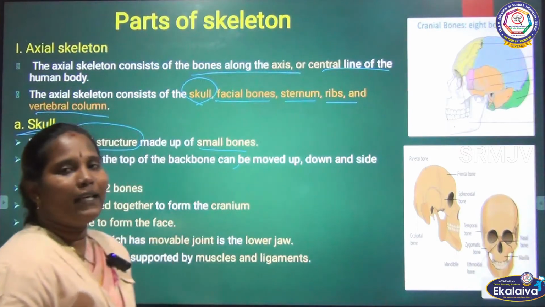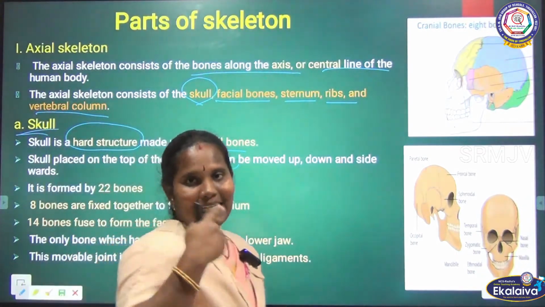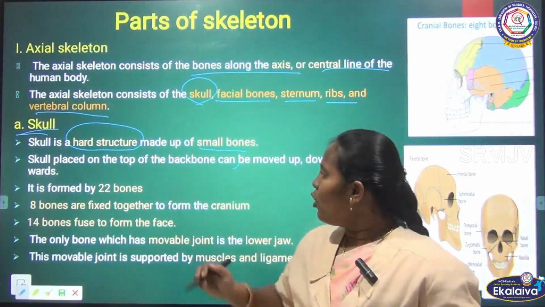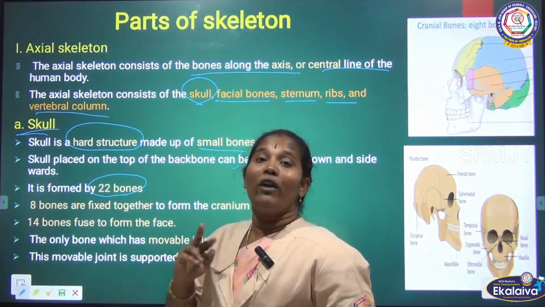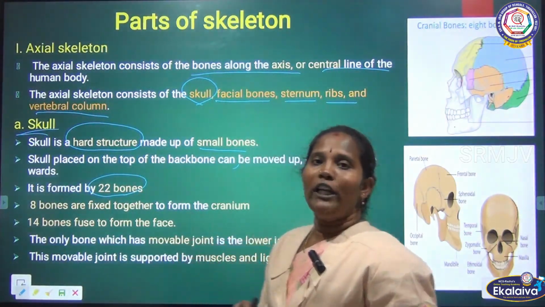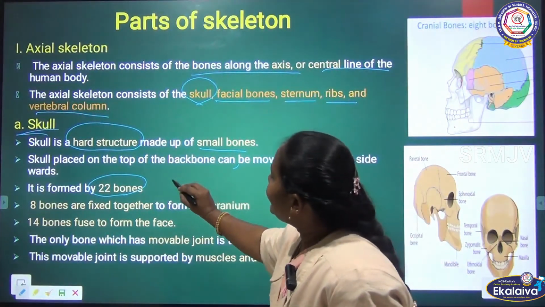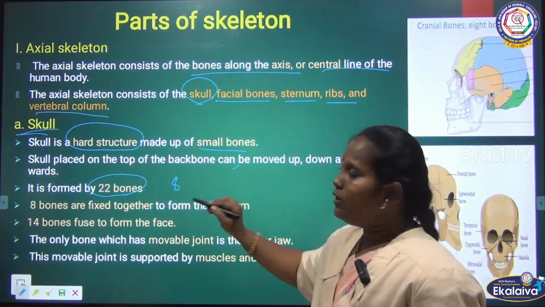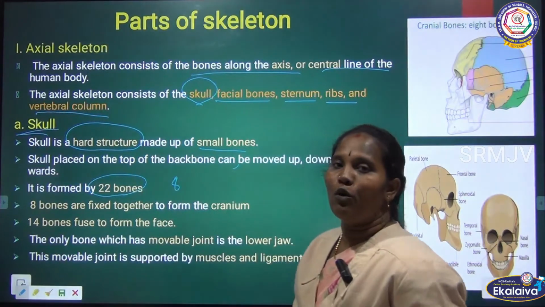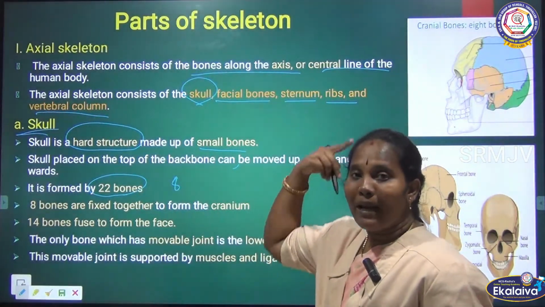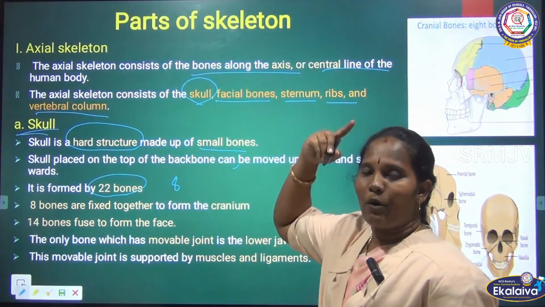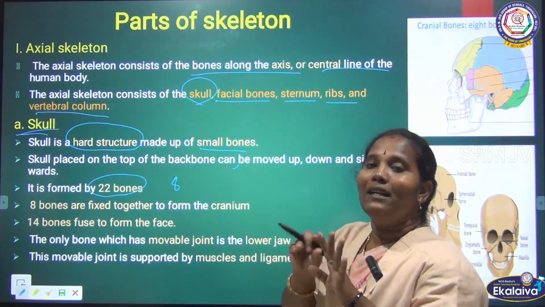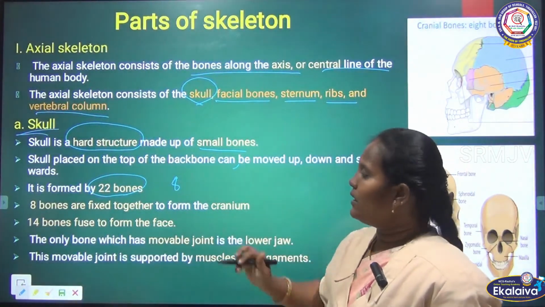Our skull is totally made up of 22 bones. How many? 22 bones. Among these 22 bones, 8 bones make the upper part of the skull. The flat bones are joined together to make this.